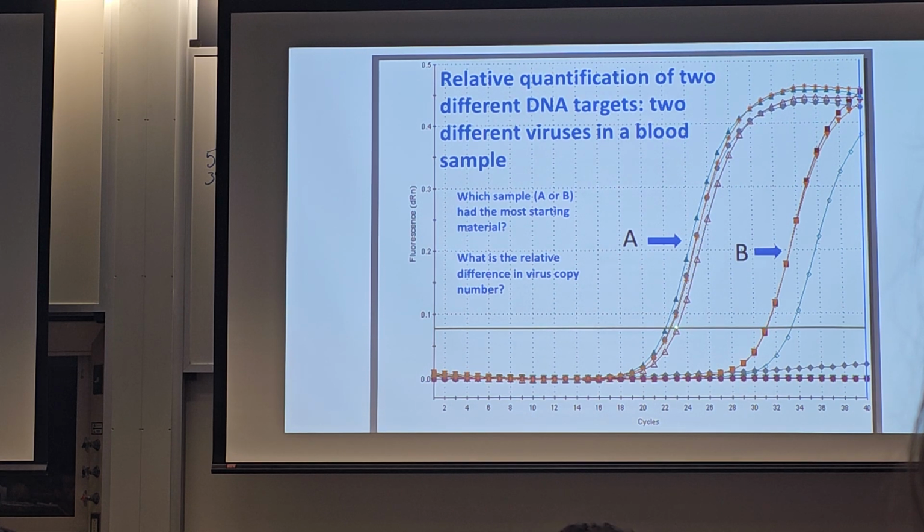Everybody get that? This is a control instead of another unknown sample. Then we can figure out how much we had of this unit. So pretty cool. We can do relative comparisons like this, or we can get actual estimates of quantity.